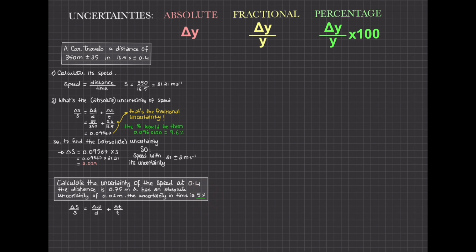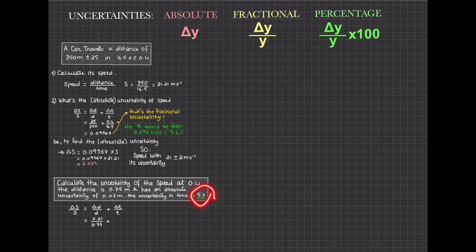Okay, we will still start from the same rule, and we have the uncertainty of the distance and the actual value of the distance. So what is then delta t over t? As we said over here, we have reached the fractional, and you multiply it by 100 to get the percentage.